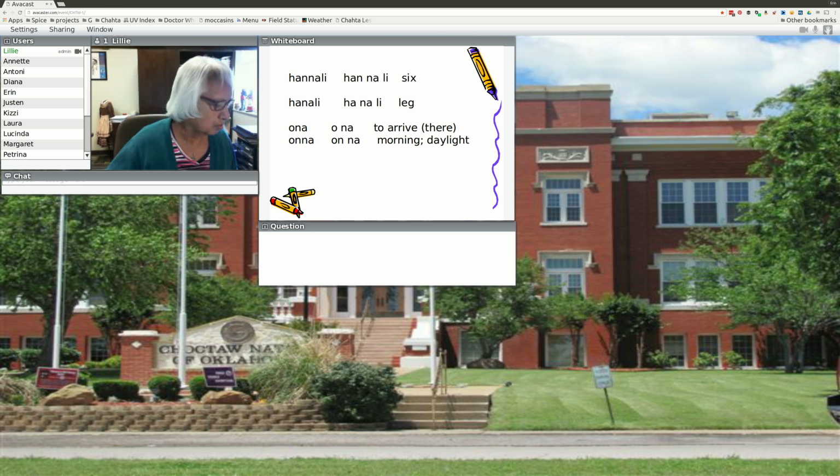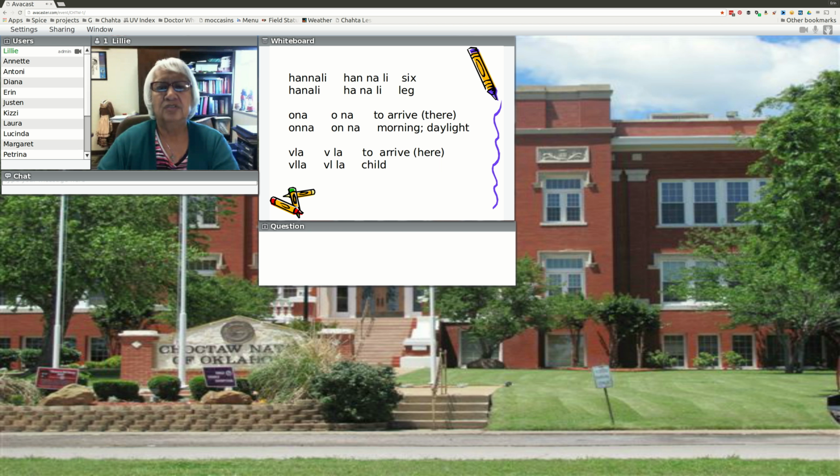I believe these are words that we've already had. If not, this will help you. No, we've not had this word yet. The word Alla. Alla means to arrive here. Ona means to arrive there. Alla means to arrive here.